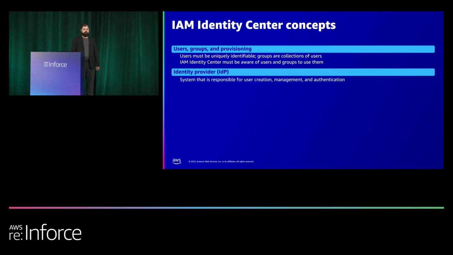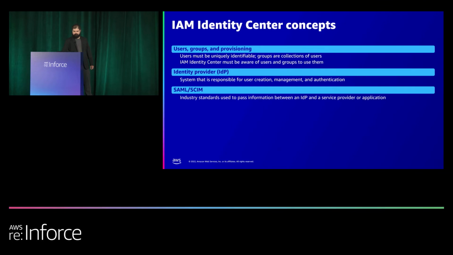An identity provider, or IdP, is the system of record that is responsible for managing users, groups, and authentication. SAML and SCIM are standards that are used within IAM Identity Center to manage authentication and the provisioning of identities.